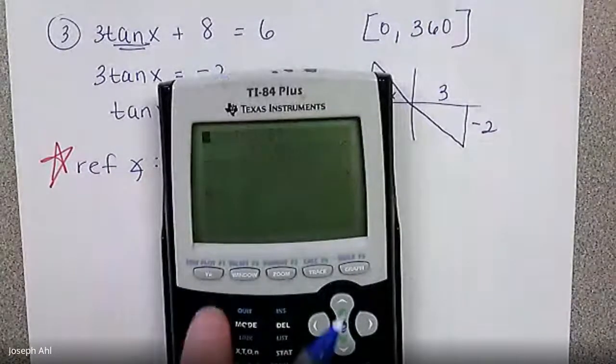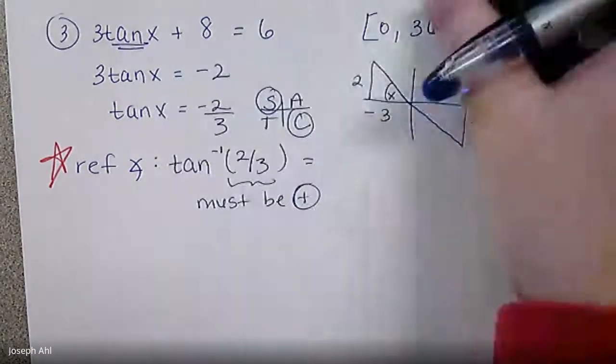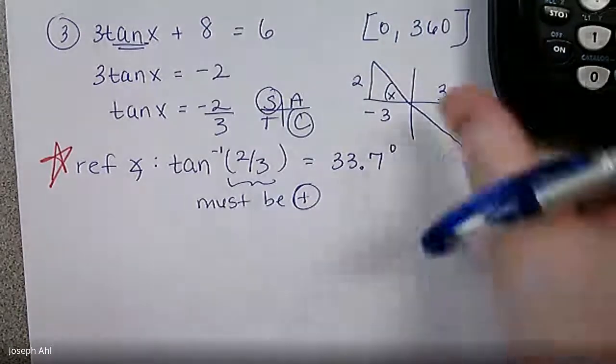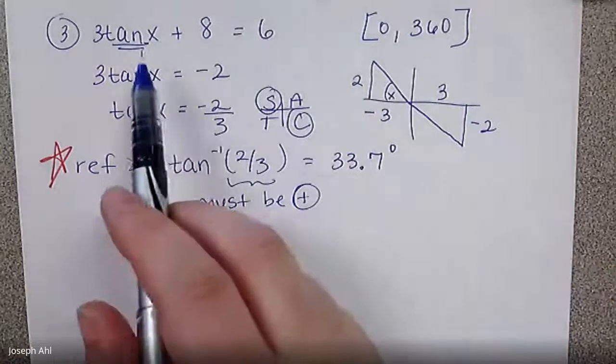It's kind of a big deal, so make sure you pay attention to that if that ever comes up. Tan inverse of 2/3 is 33.7 degrees. So this is your reference angle, 33.7. Now, is 33.7 a solution to this equation?